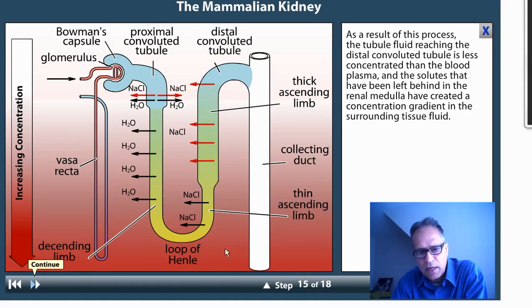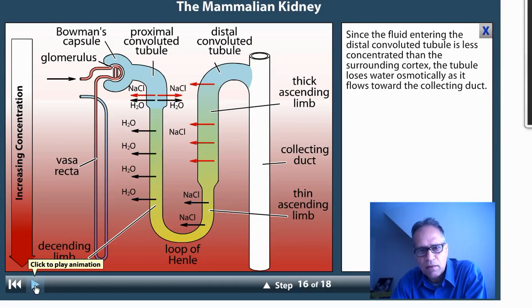Now this eventually will pump out water from here. You see, water started to come out. Why? Because this is osmotic exit of water, because of this concentration increasing.